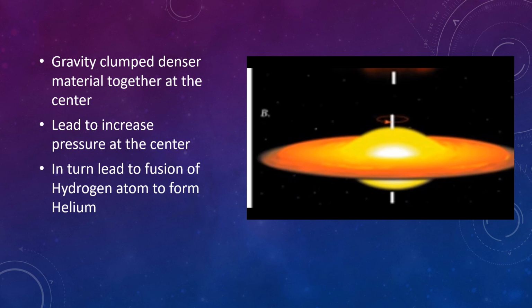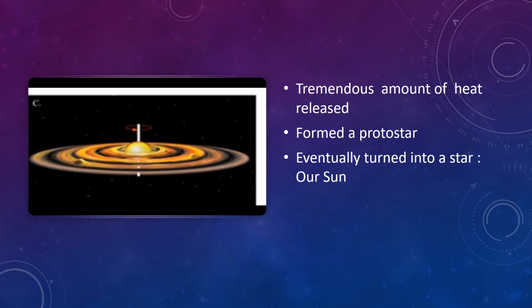This led to an increase in pressure at the center, which in turn led to fusion of hydrogen atoms to form helium atoms. This process releases enormous amounts of energy that gave rise to a protostar, which eventually turned into a gorgeous star, that is our sun.